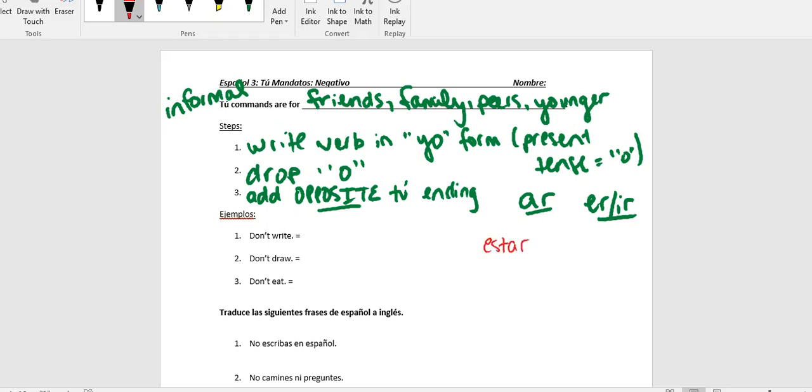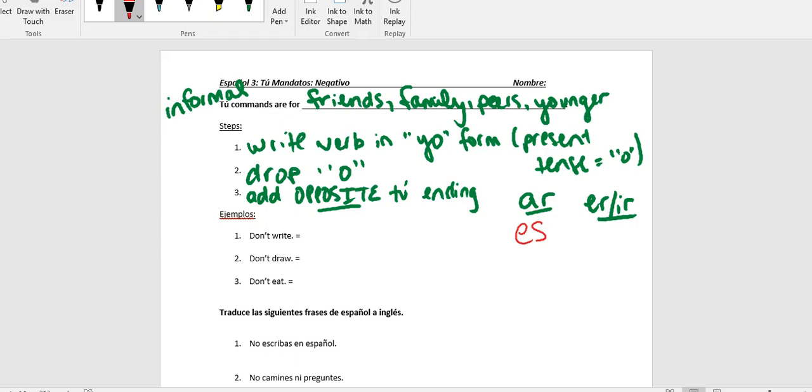So think about when you want to ask, how are you? It's cómo. What is that verb ending? It ends in an AS. Okay? I want you to do the opposite to ending. So instead of it ending in an AS, like it usually would, cómo estás, you're going to have it end in an ES.